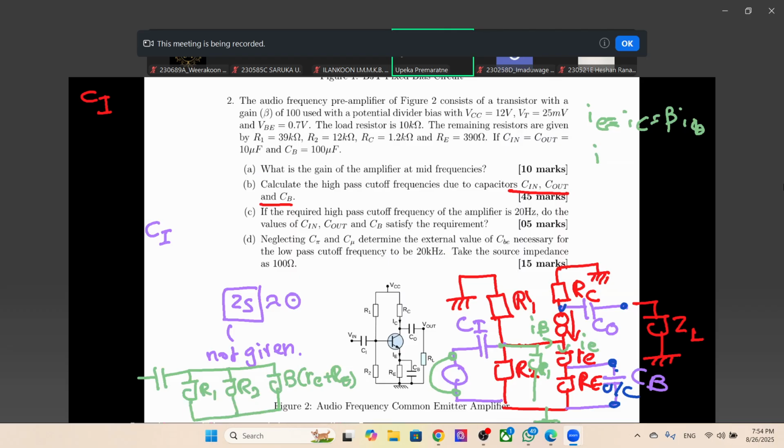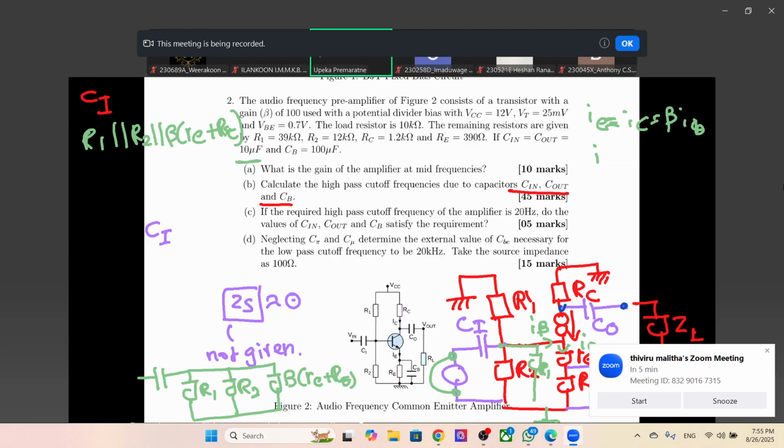All these are now in parallel. So for Ci, the relaxation circuit resistance will be R1 parallel to R2 parallel to beta times (R simple E plus R capital E). Cin is given as 10 microfarads.